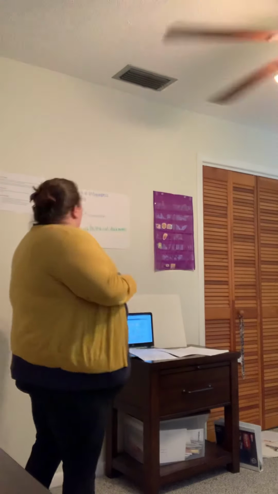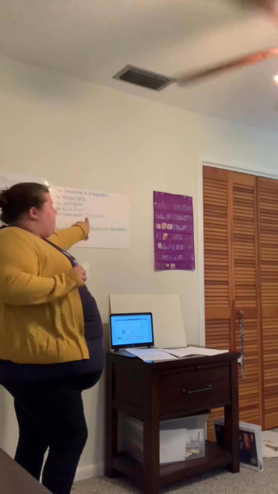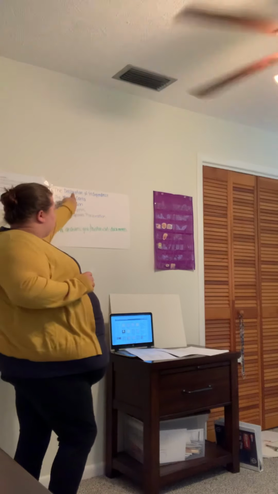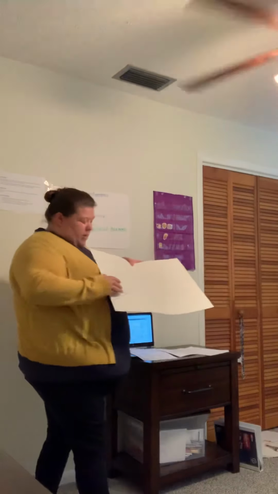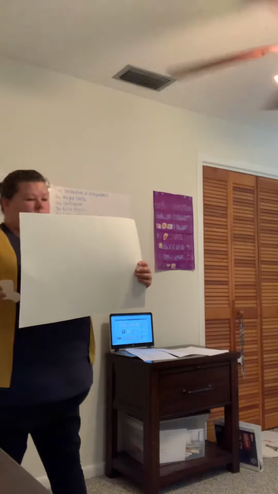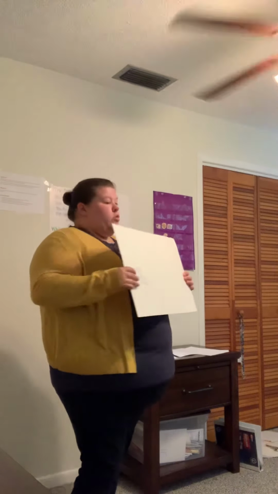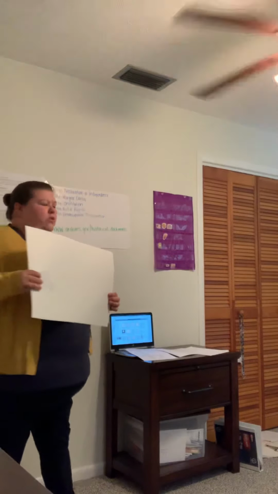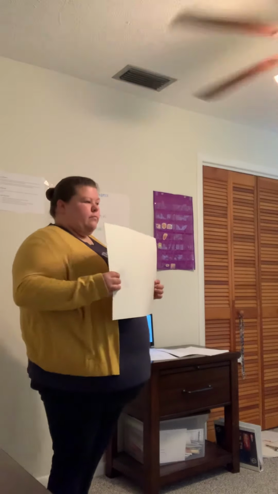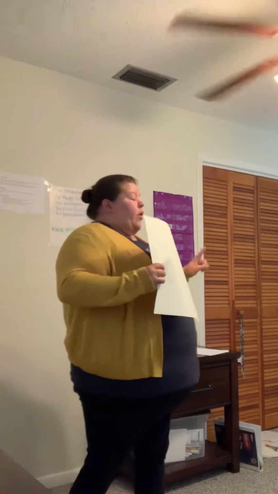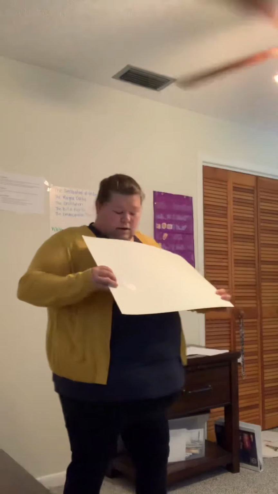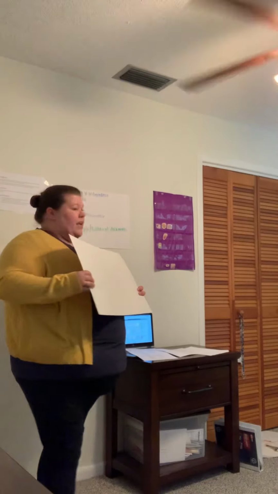After you've done that, for each of the 5 historical documents, we're going to glue them and color them and put them on a piece of poster board. Okay? Then I want you to put them in chronological order. What does it mean when I say chronological order? Good. We're going to put them in order of the date they occurred.